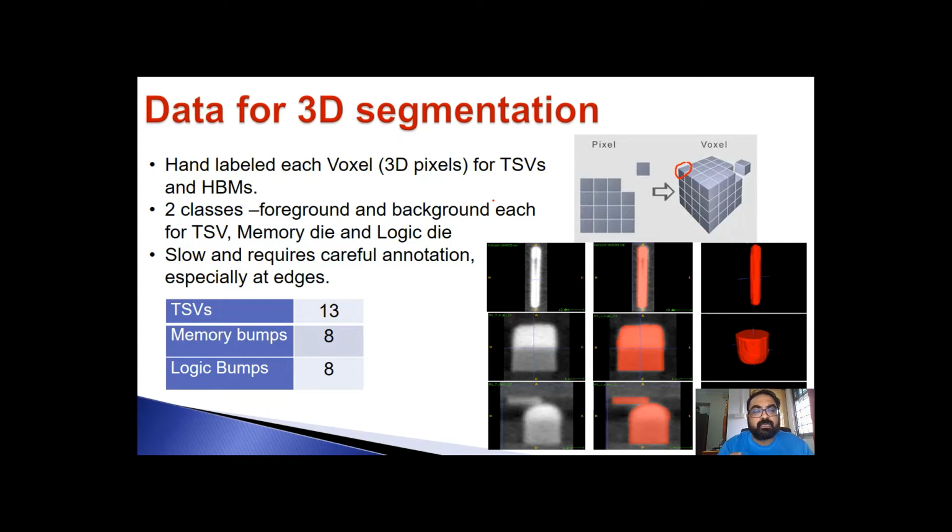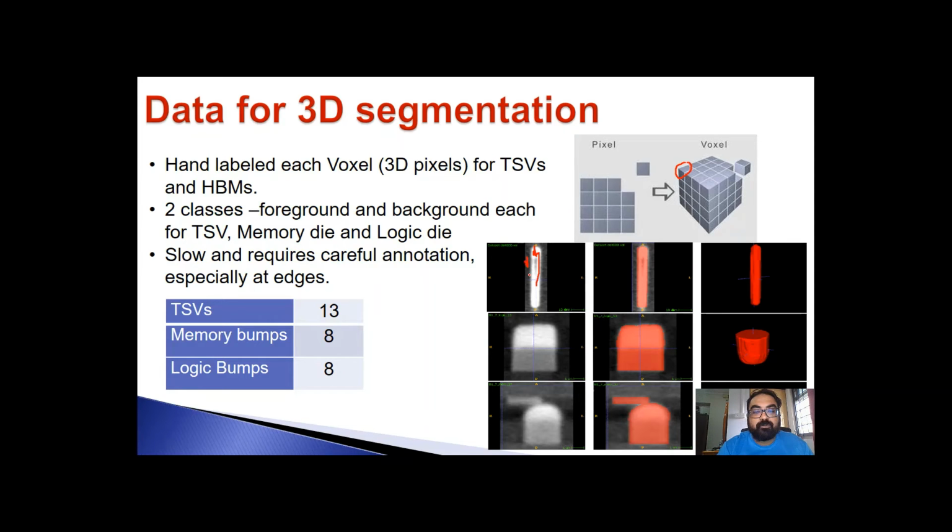So for each of these 3D bounding box regions that we had isolated, we need to identify what is background and what is foreground, and thus there are two classes for each of these three different structures. We label for each of these areas that this is foreground and this is background, and doing that for each slice in 2D and 3D is very time consuming.